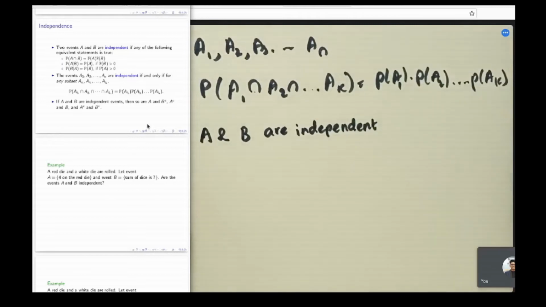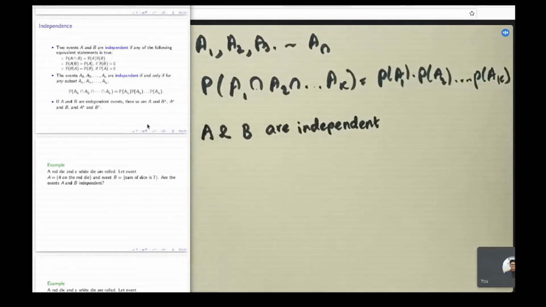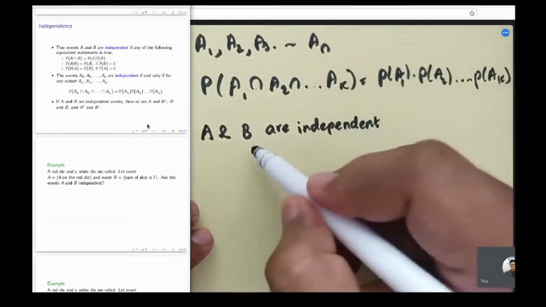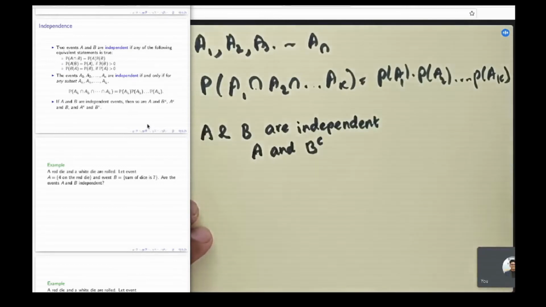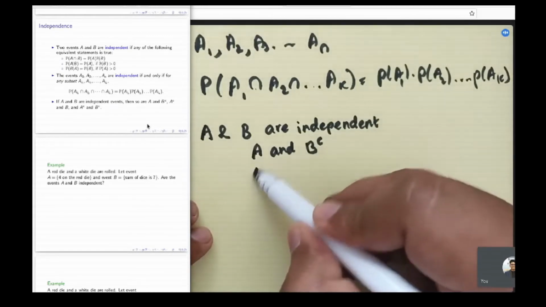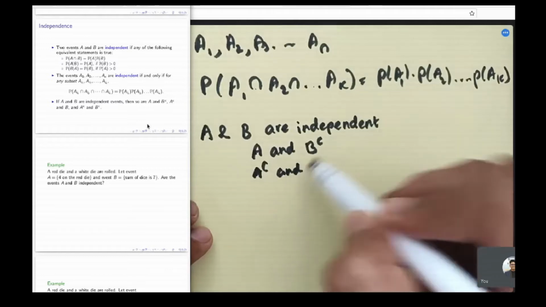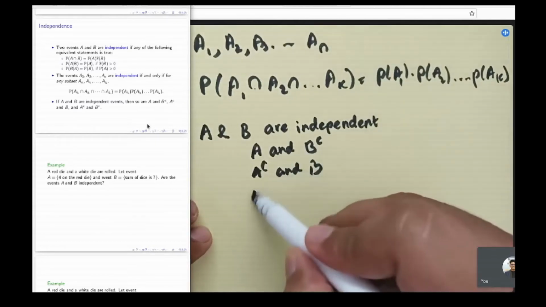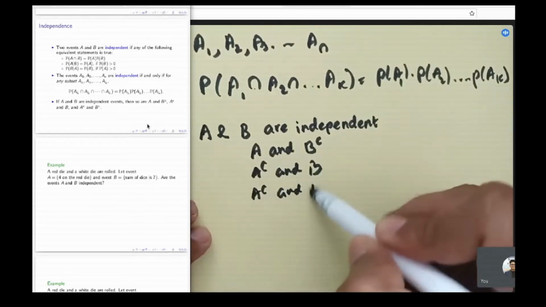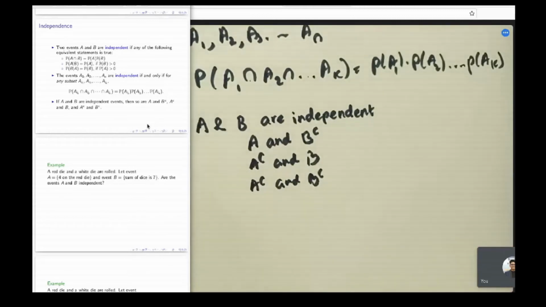If you are given that A and B are independent, then that necessarily means that A and the complement of B are also independent, and A complement and B are also independent, as are A complement and B complement. So all these events are independent given that A and B are independent events.